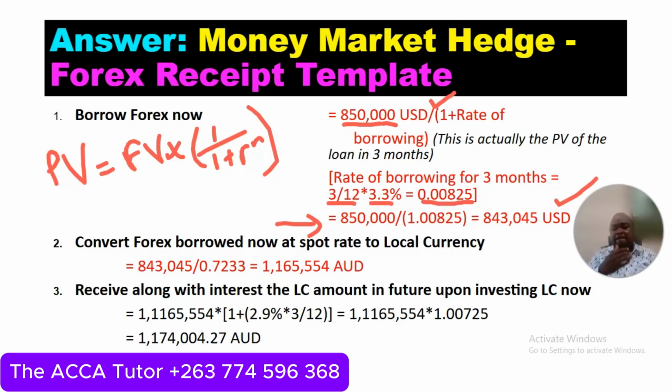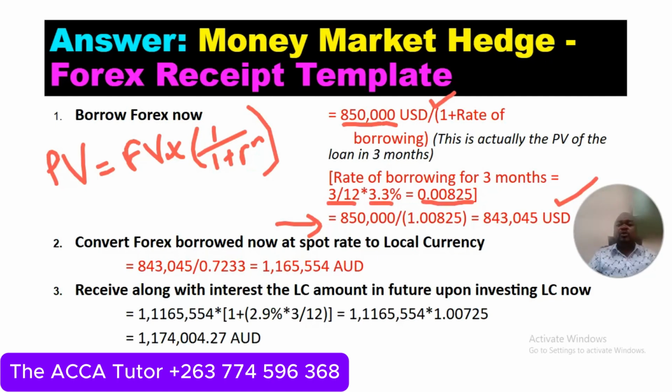Now what do we do? Remember, we are in Australia, right? We have borrowed that amount. Then what we need to do is to convert the forex borrowed now at spot rate to local currency. So we need to convert that amount into Australian dollars.